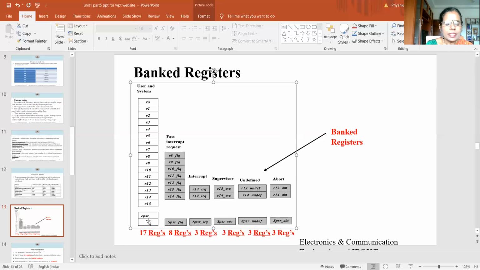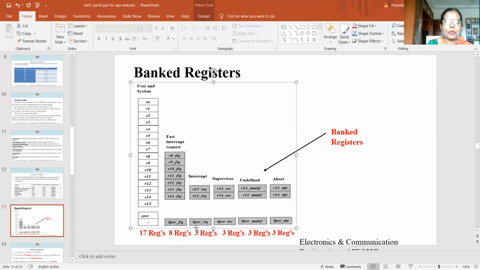So you can see here in user mode and system mode, only CPSR is shown. And there is one more status register, the saved program status register, that is SPSR. SPSR, you can see, is only a banked register. What is the suffix for FIQ, fast interrupt request? SPSR_FIQ.